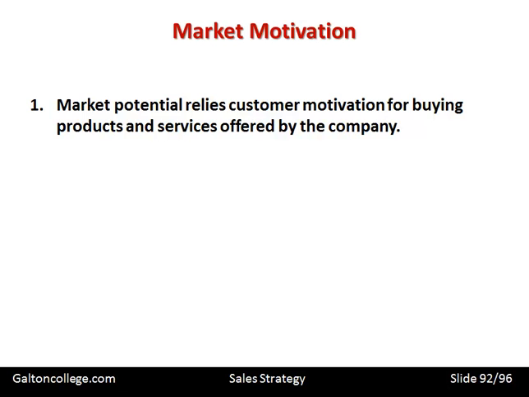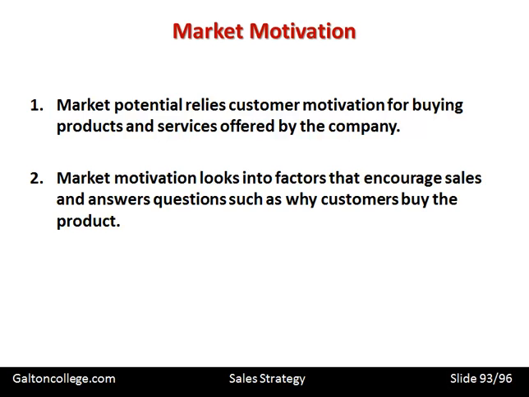Customer motivation is what the company is targeting. They need to identify customer motivation in order to make the sales. Market motivation looks into factors that encourage sales and answers questions such as why customers buy the product. So market motivation is trying to determine the underlying factors that generate the sales.